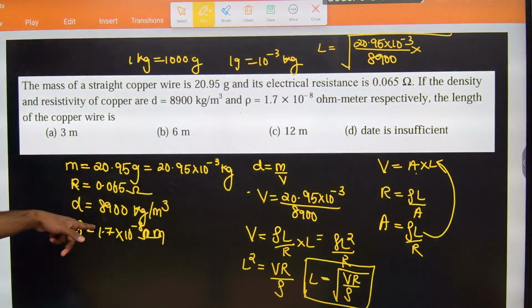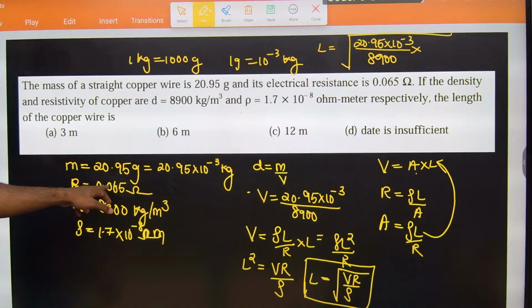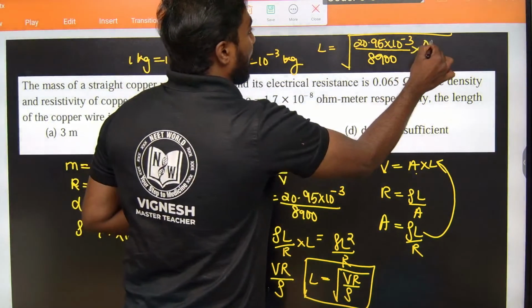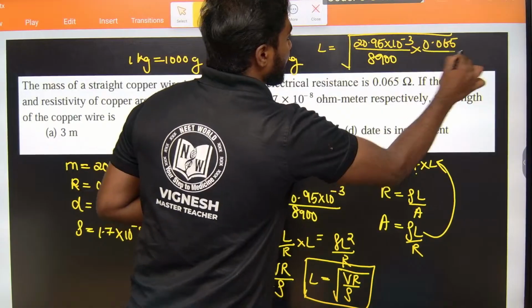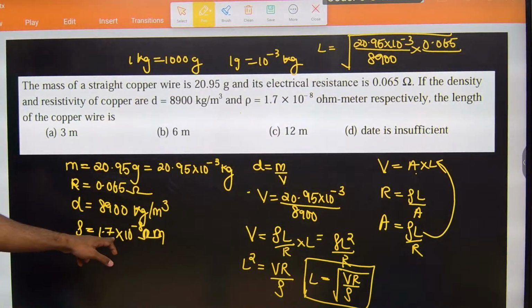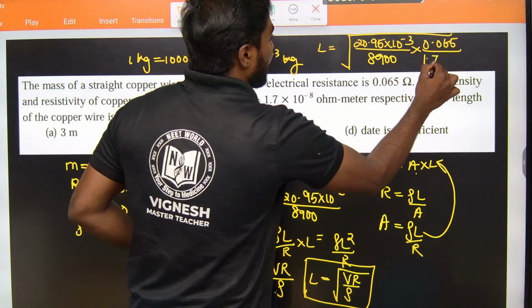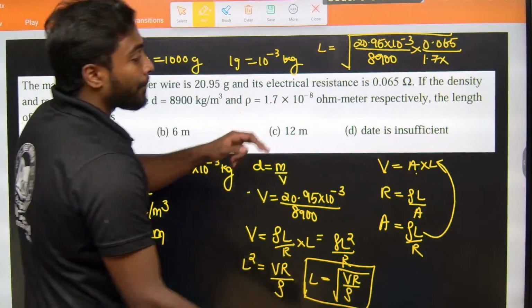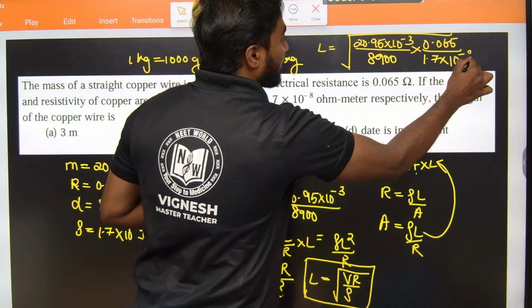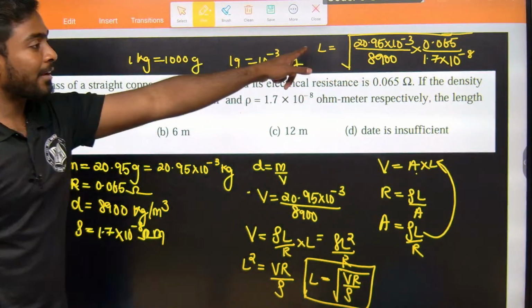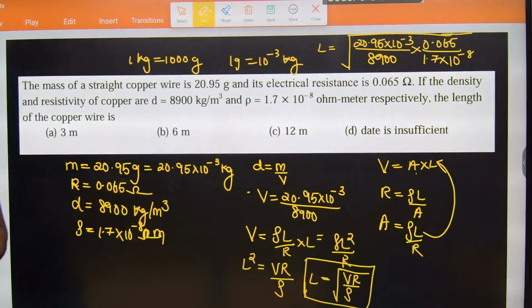R is given as 0.065 ohm, divided by the resistivity, 1.7 into 10 power minus 8 ohm meter. So when I calculate this, I will get the length of the given question.